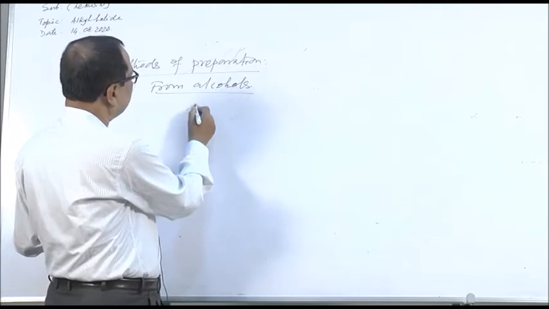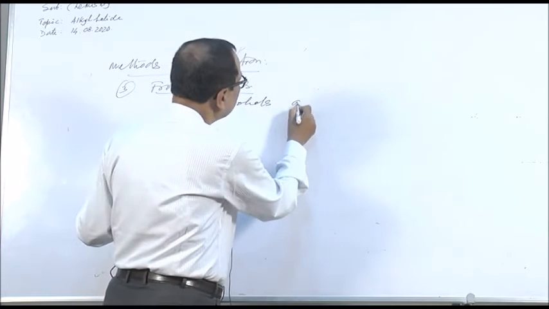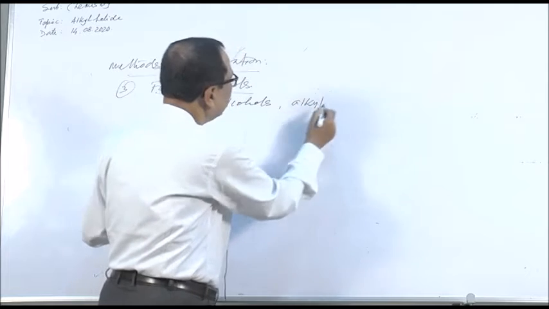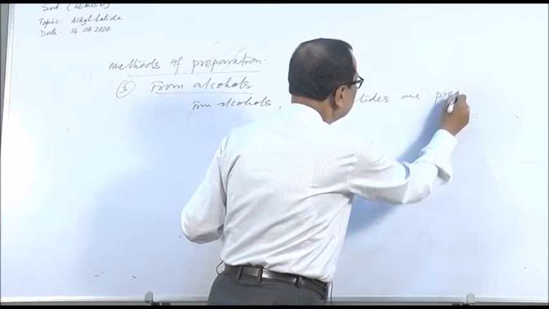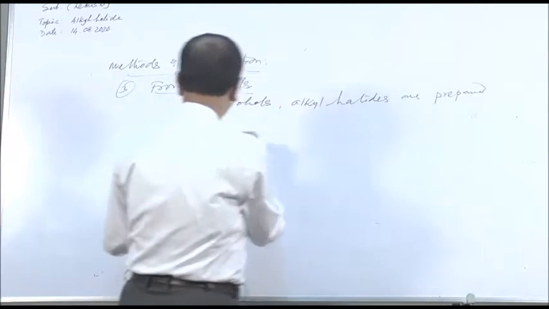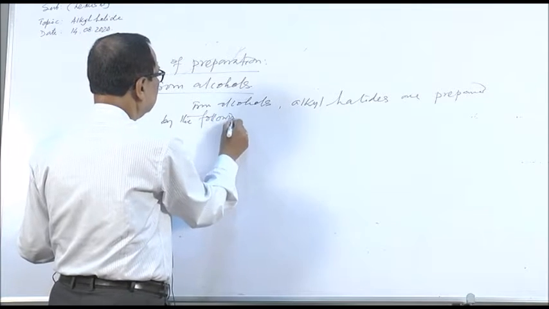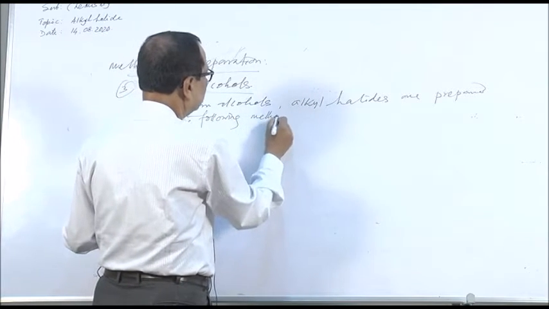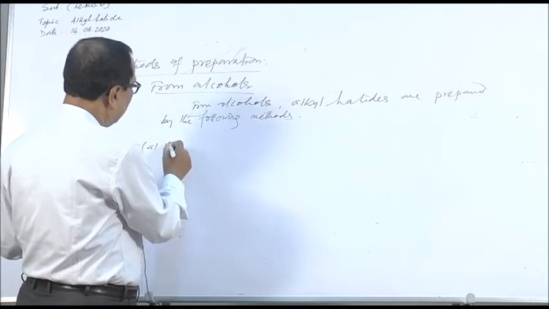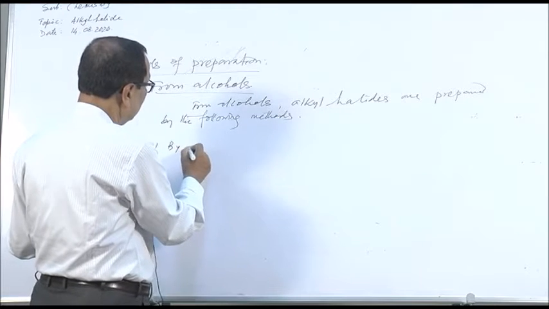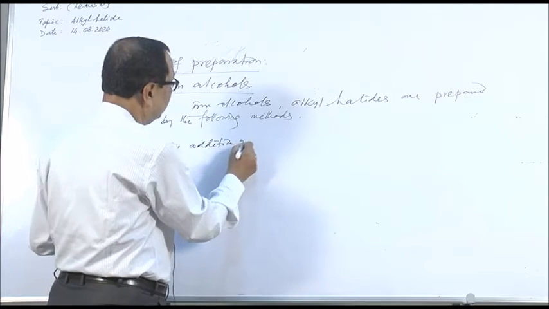So alkyl halides are prepared by the following methods. The first is by addition of HX.